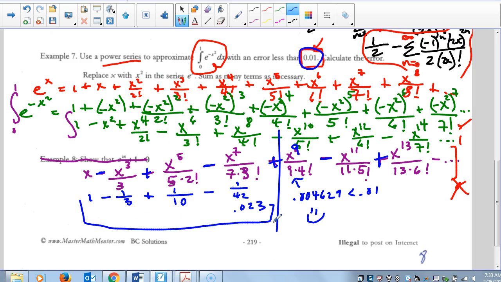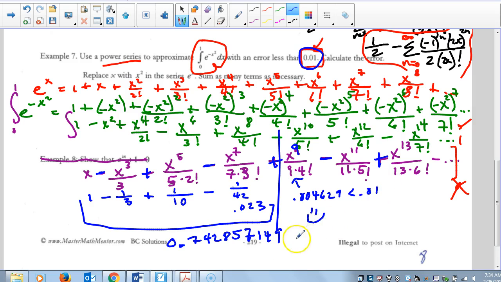So if I add all of that up, I get 0.74285. This is a decimal point, so 0.74285 7149.